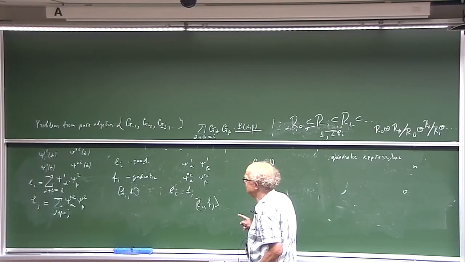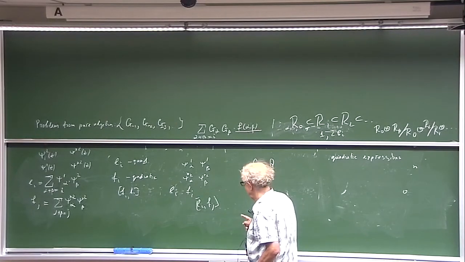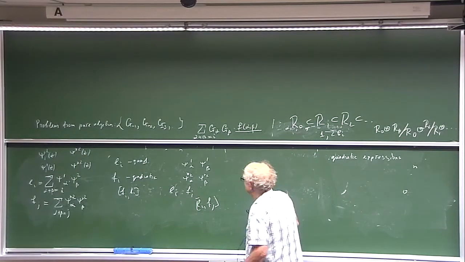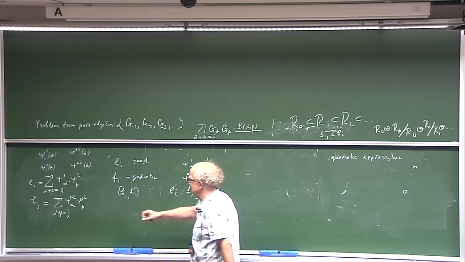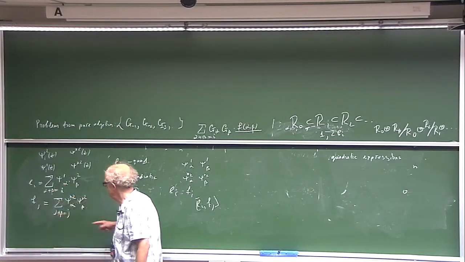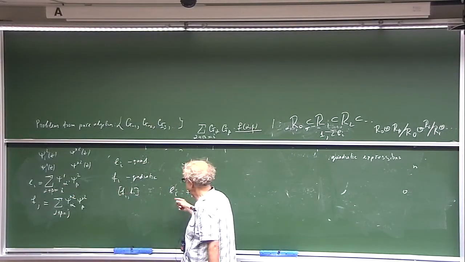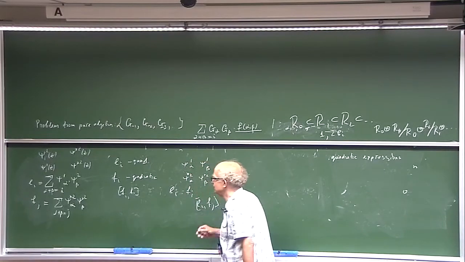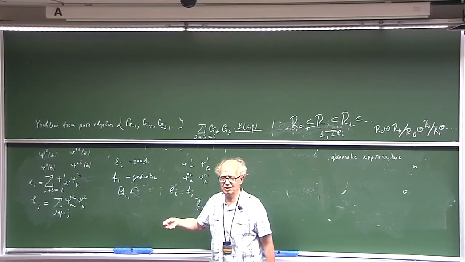One of the easiest ways to do it is the following. First you have this E_i and F_j, and you make this calculation. Then you just add the third one.